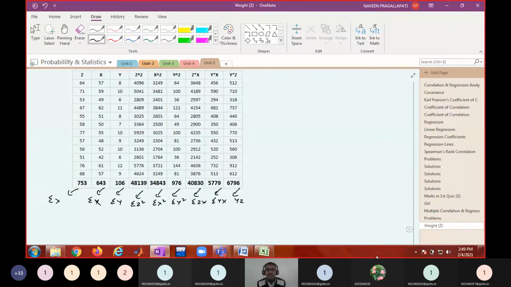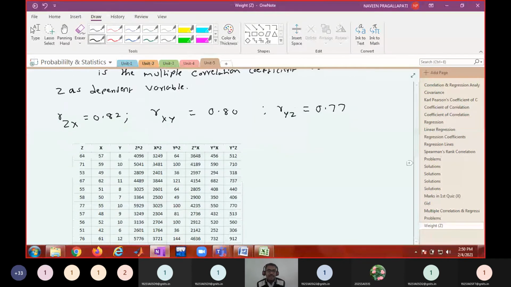So I have given the formula for the correlation coefficient, right? So if I want rzx, can you tell me the formula for it? Correlation coefficient for rzx?